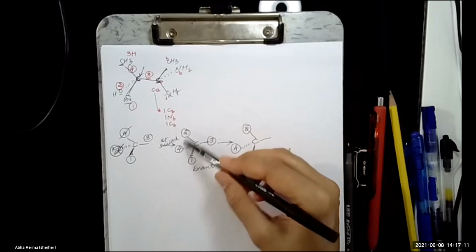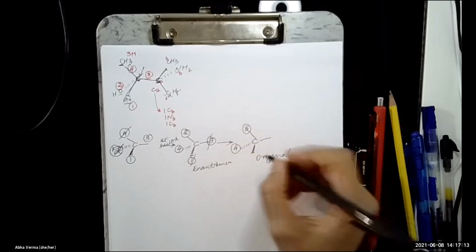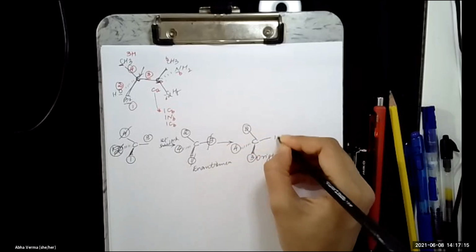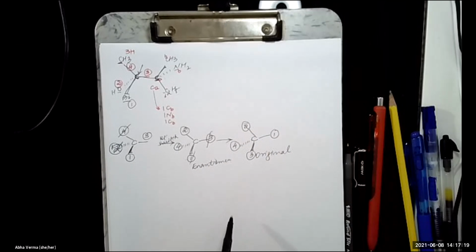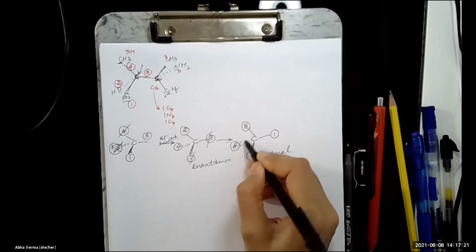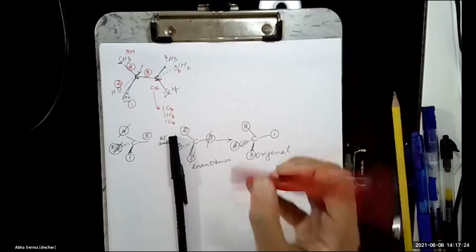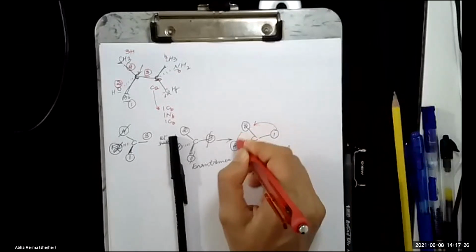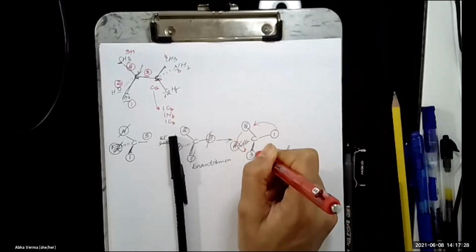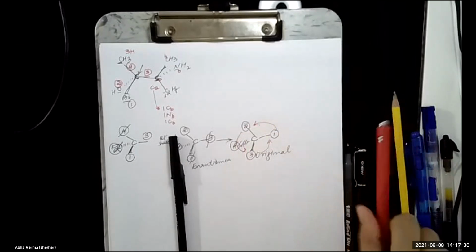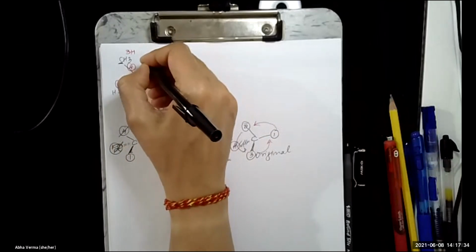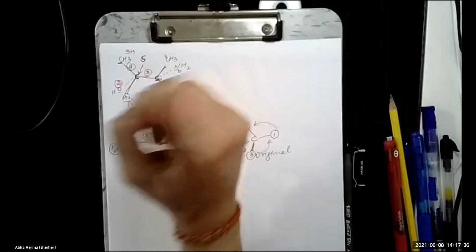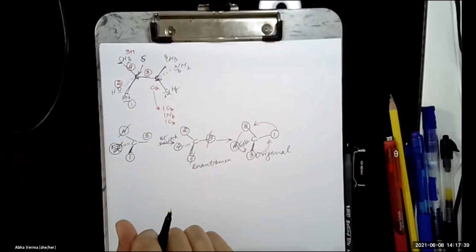So right now I'm keeping 2 and 4 where they are and switching 1 with 3. Any questions on what is being done here? I'm going to cross it out. 1 goes to 2, 2 goes to 3, 3 goes to 1. This is an anti-clockwise motion, and this carbon is a S. Everybody good?